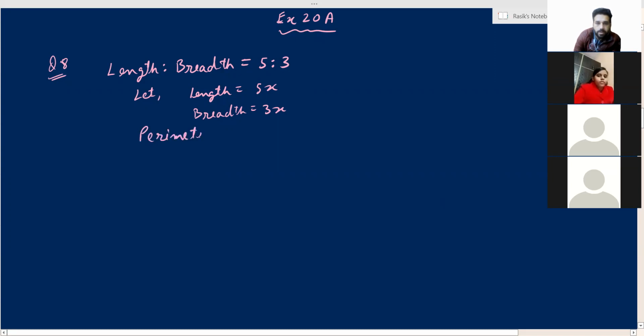Fencing is related to perimeter. Fencing is done on the border of the rectangular piece of land, so we will find the perimeter. Perimeter is equal to 2 times (l plus b). So 2 into 5x plus 3x, 2 into 8x, it gives you 16x.